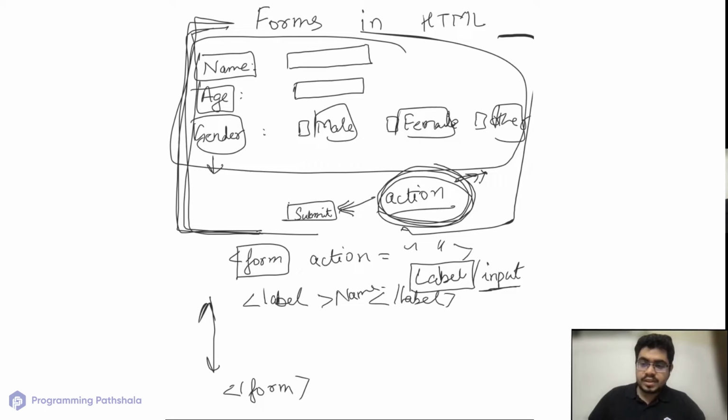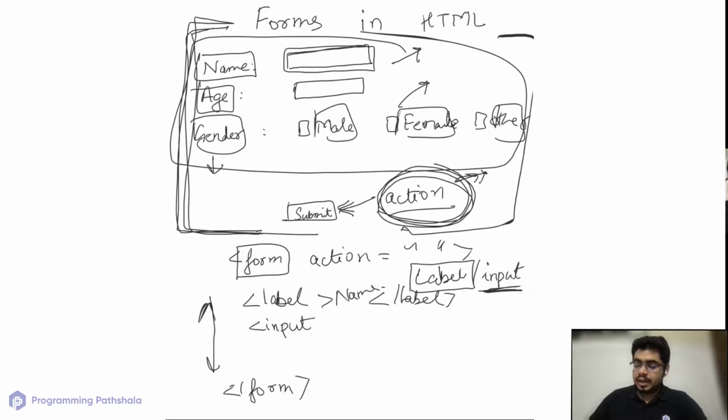The second portion of the form, which is input, is generally what you want to take, where you want the user to do something, right? So input again can be of different types. It could be a normal text box, it could be a check box, it could be a radio button. We'll discuss the different types of inputs also when we code the stuff out, right? But essentially we'll have some portion of input.